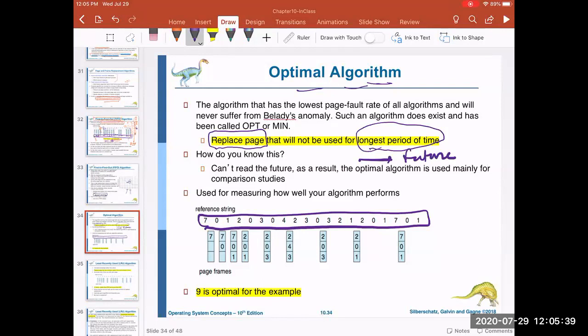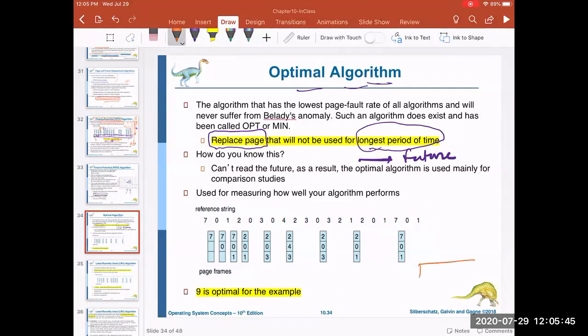Initially, let's think about the same state. Your RAM is empty. So 7 would create 1 page fault, 2 page faults, 3 page faults. Till here, it is the same. Then when we are going to replace with 2, this 2 would be replacing a frame which would not be used for the longest time.